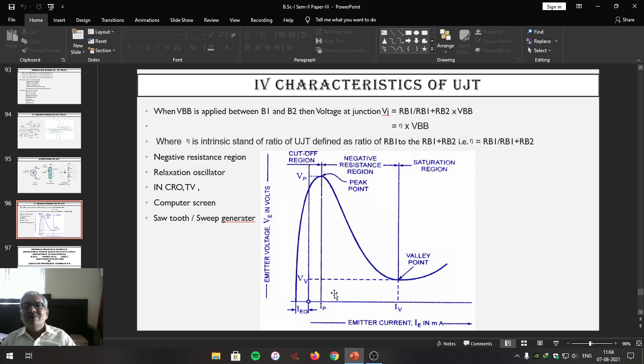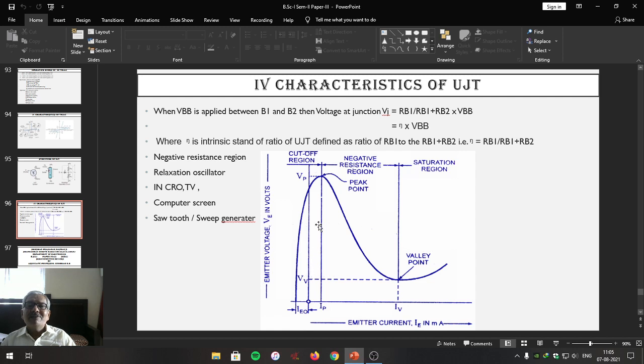Friends, this is how we can plot the IV characteristics of UJT, and by using that one can explain the working of UJT. So working of UJT changes from cutoff region to negative resistance region, and finally it goes to saturation. This is what you have to remember as the IV characteristics of UJT.